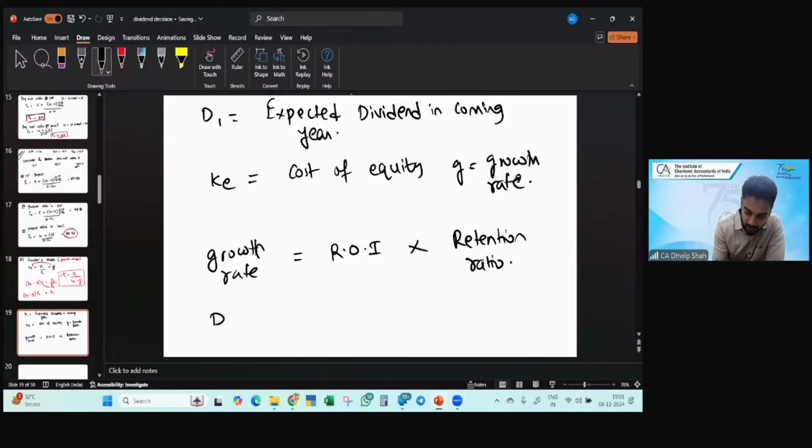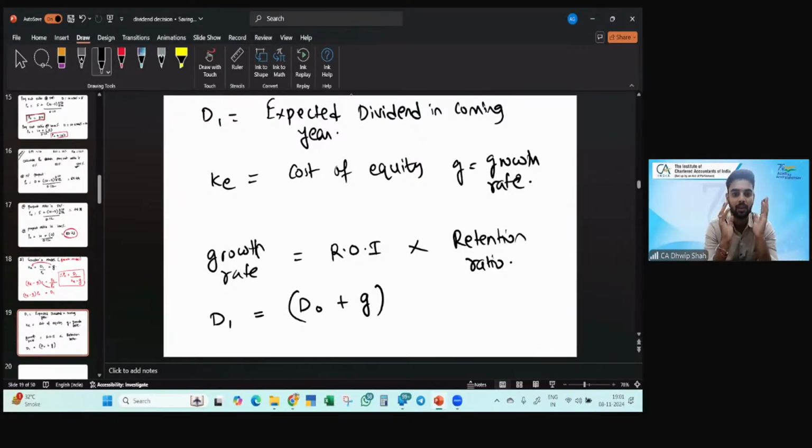And D1, how did we calculate D1? That is the expected dividend in the coming year. It was nothing but applying the growth rate to the last dividend paid. It was D0 plus G. D0 means the latest dividend that the company has paid, with the growth rate applied to it.